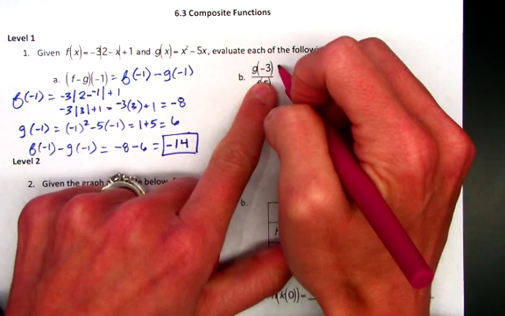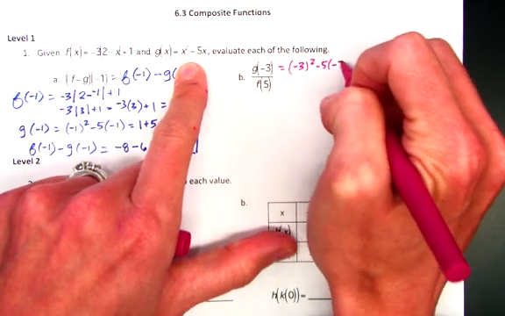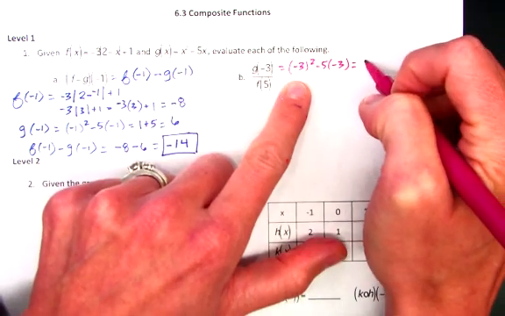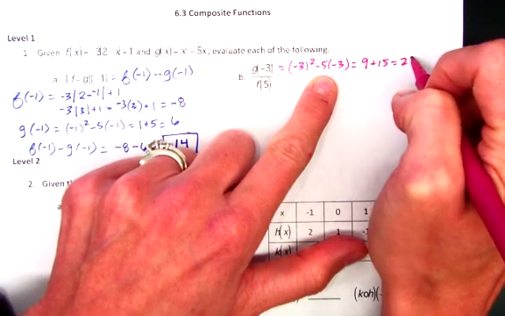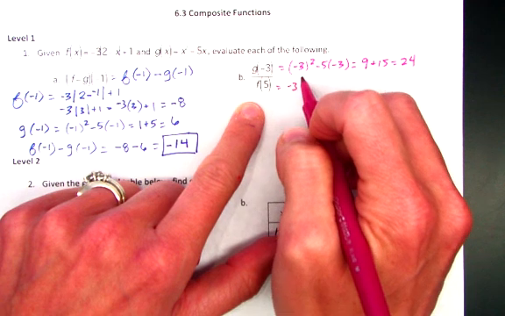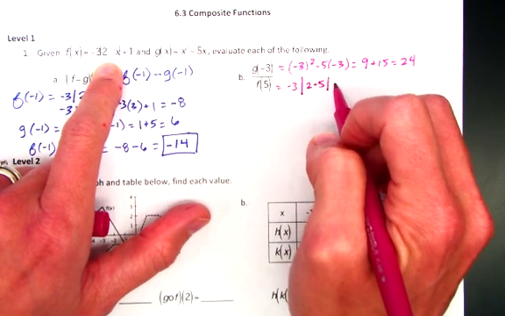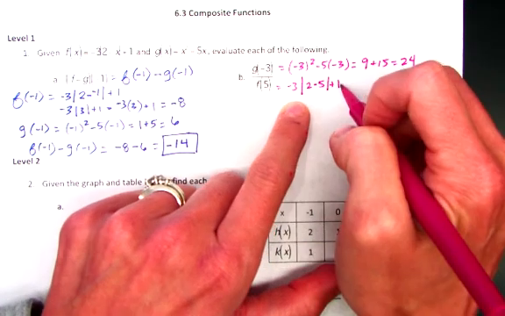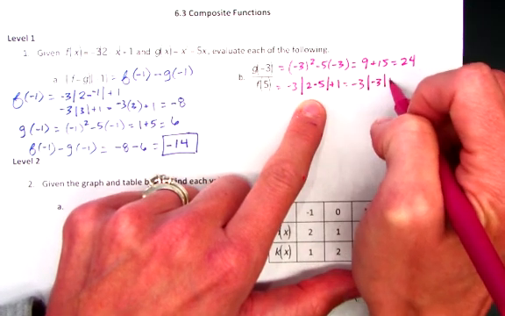g of -3 is -3 quantity squared minus 5 times -3. That's going to be positive 9 plus 15, which is 24. And then f of 5 is -3 times the absolute value of 2 minus 5, plus 1. So that's -3 times the absolute value of -3, plus 1.